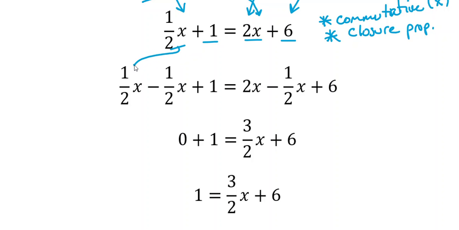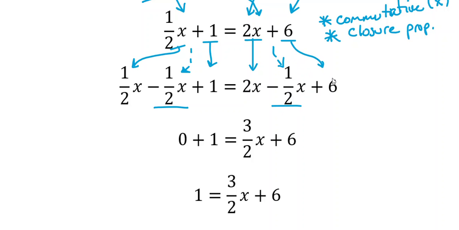Well, we have 1 half x, and then we have the 1, and then we added in something that wasn't there before, this negative 1 half x. And then on the other side, we have 2x, and then we have plus 6, and then we also, again, added in this negative 1 half x.